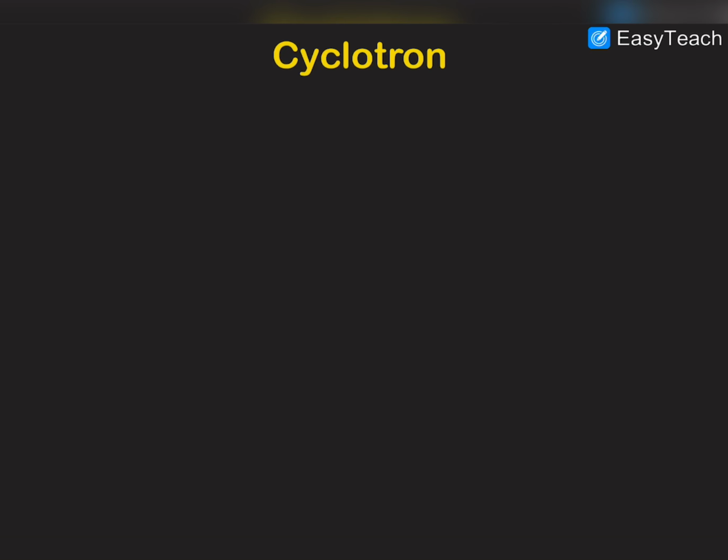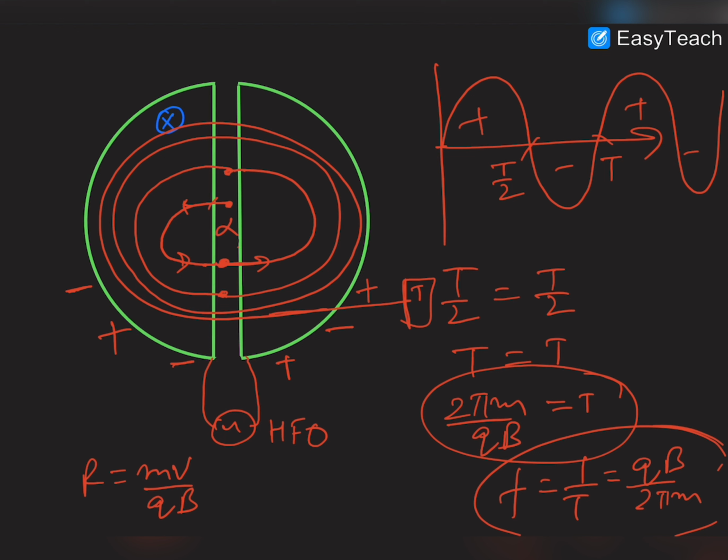Now what is the resonance condition? You can easily see that this high frequency oscillator is working on the frequency which is same as the frequency of rotation of the alpha particle or any charge, and it is providing a periodic impulse, because it is providing that impulse after each half interval of rotation, and due to that impulse the radius of the path is increasing continuously and the speed is also increasing continuously.